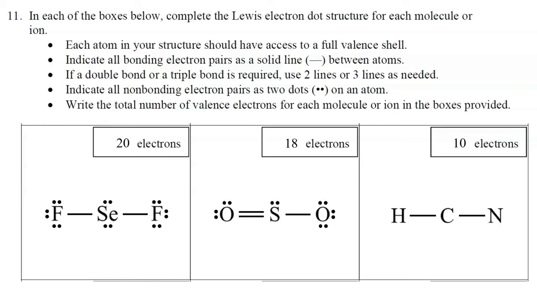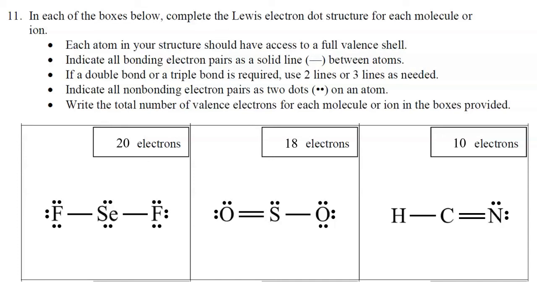So right now I'm at 4 valence electrons total. 6, 8, 10. So I've just run out of electrons, and while the nitrogen does have a full valence shell, the carbon doesn't. The carbon only has 4 electrons right now in this structure. So I'm going to make a double bond and see if that helps. I will move a pair of electrons from the nitrogen to the carbon-nitrogen area to make a double bond.